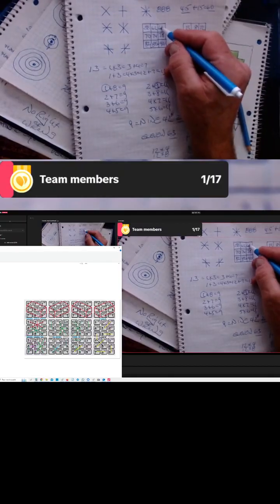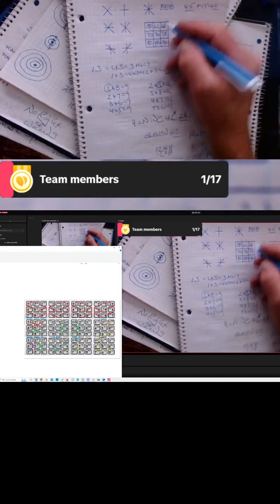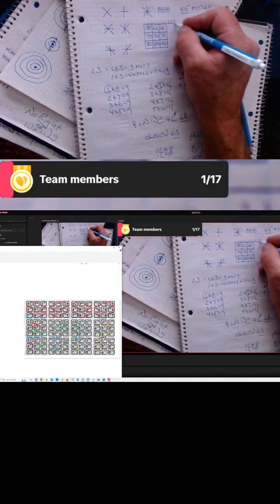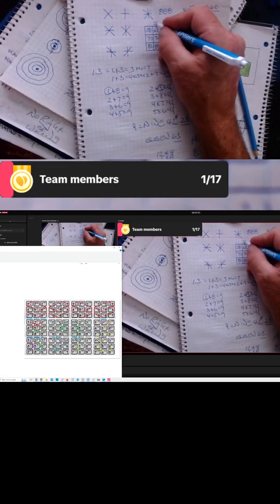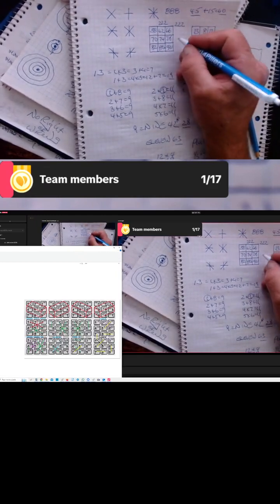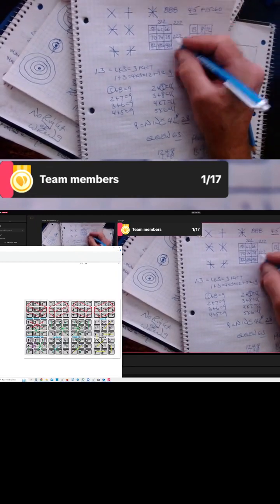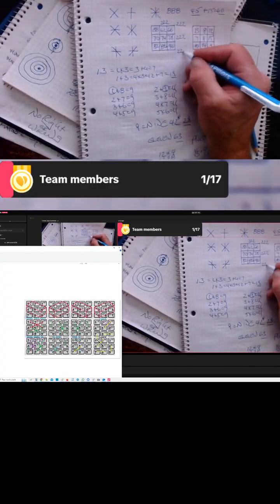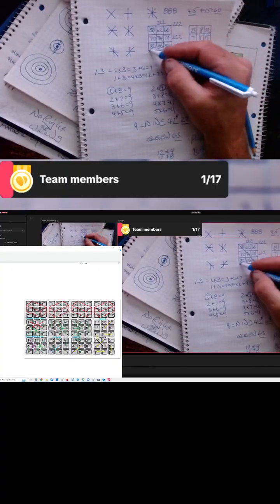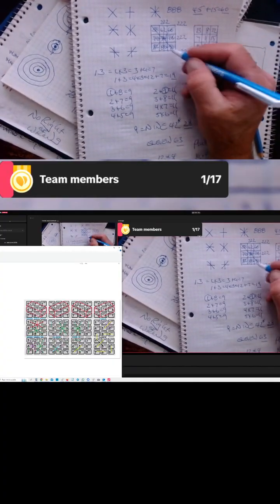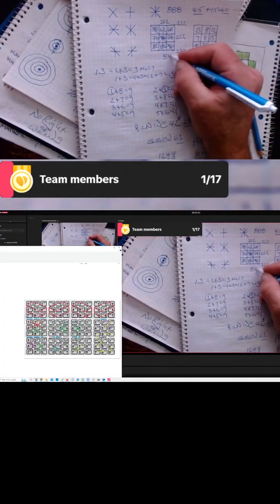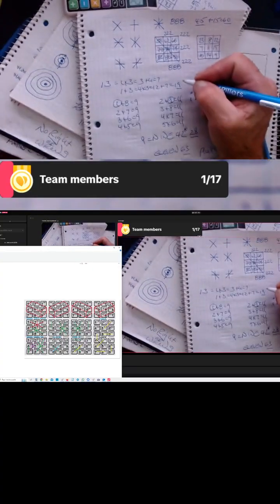When I add up this number and this number and this number, I get 222. When I add up this number and this number, I get 222. When I add up these 3 numbers, I get 222. And these numbers, 222. So what I did is I added up all these numbers. And the total of this is 888.